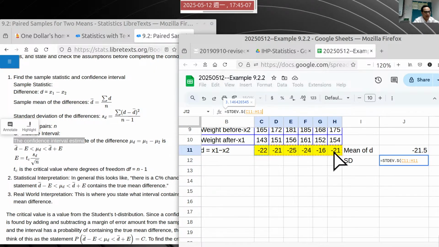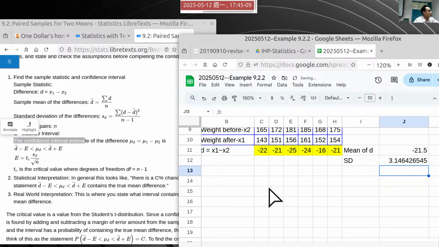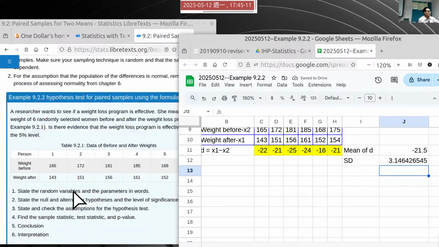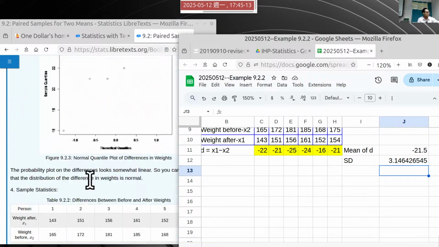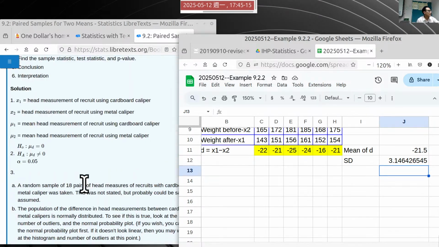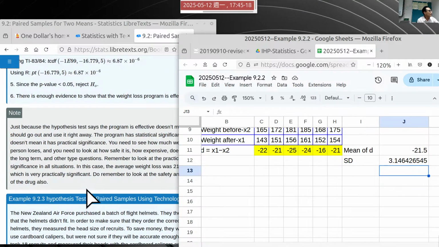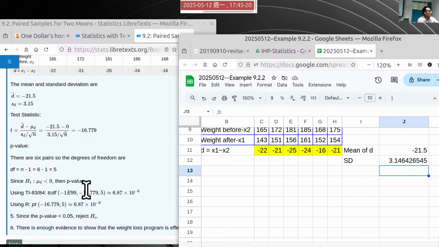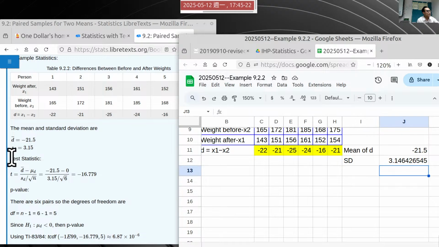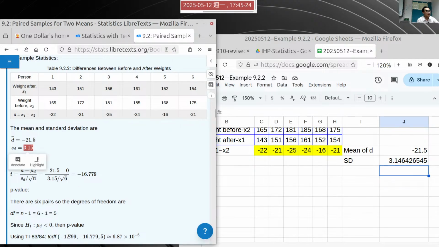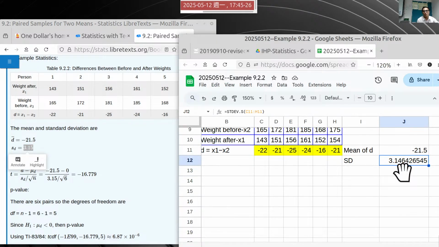Select here and click enter. Here is the answer. Oh, sorry, here. Yeah, the answer is 3.15. So we can think this one is close to 3.15.